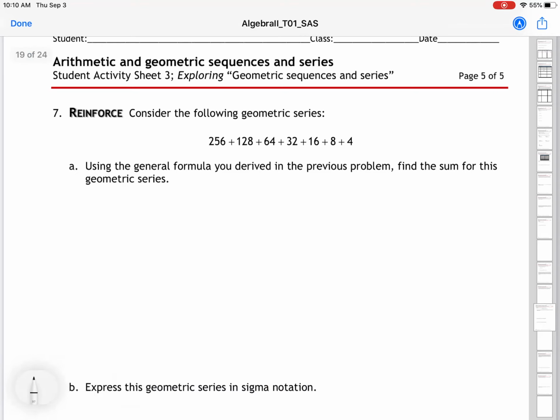All right, we are on number 7. It says, use the general formula you derived in the previous problem. Find the sum for this geometric series. So this is where we are going to use the formula we just wrote down.